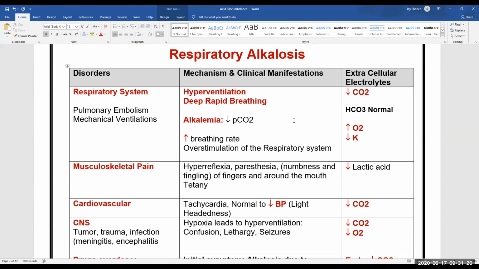Basically, what this is saying is that a respiratory issue leads to hyperventilation, or increased release of carbon dioxide, and you become more basic. And you can take in more oxygen.